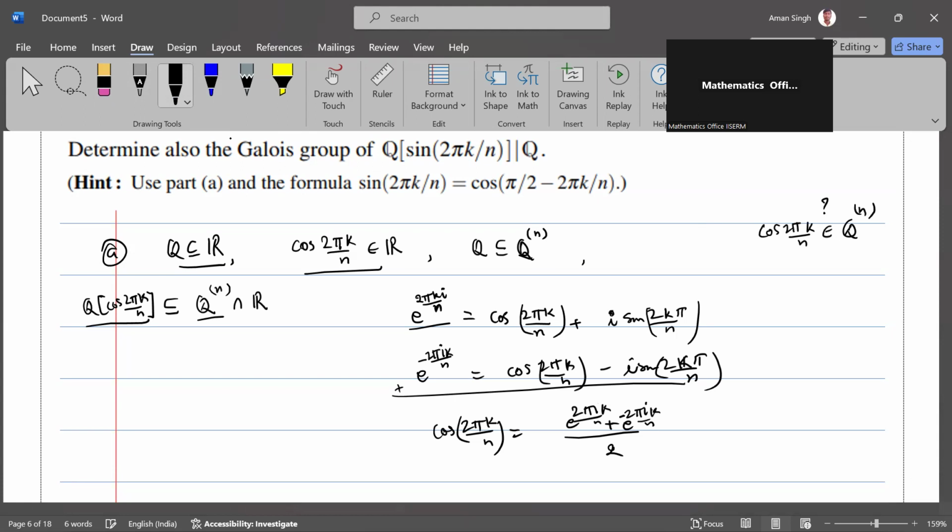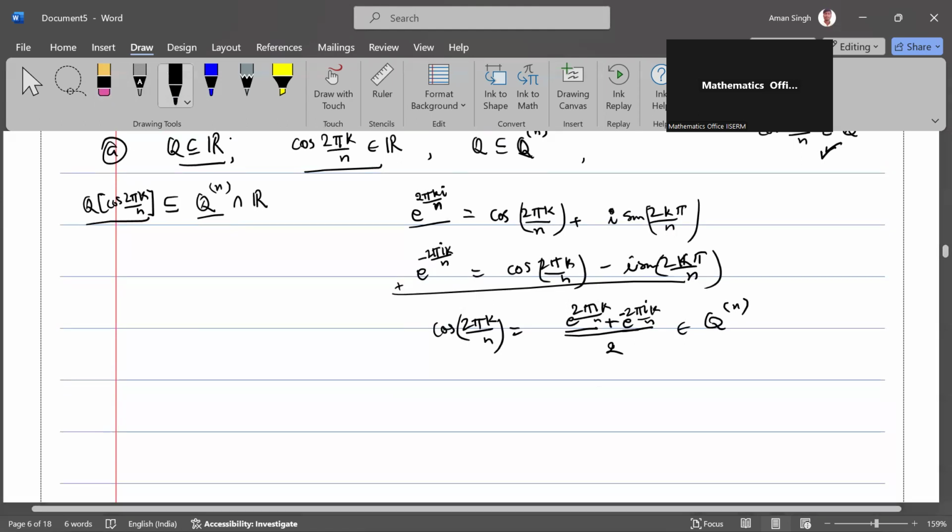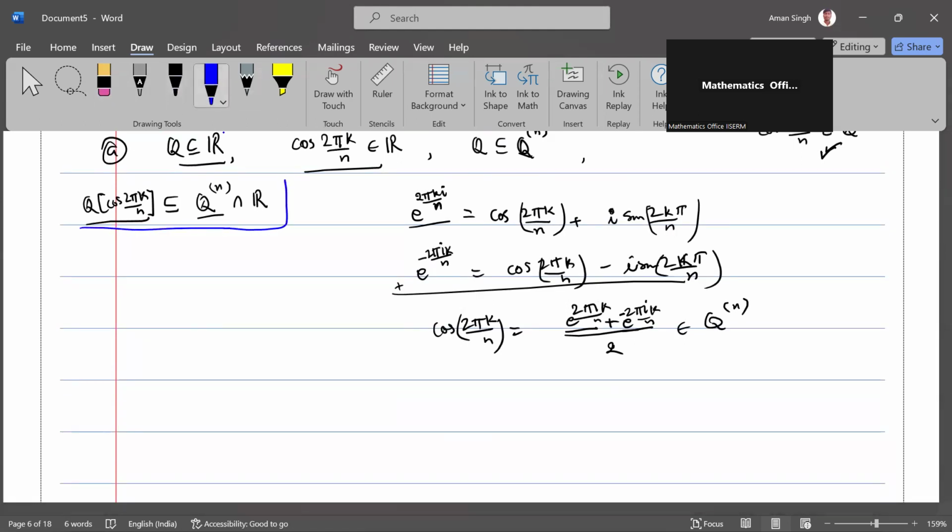And this belongs to Q_n because this is a primitive nth root of unity. So this is clear. Once it is like that, we got this.